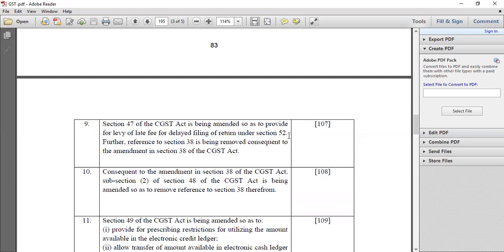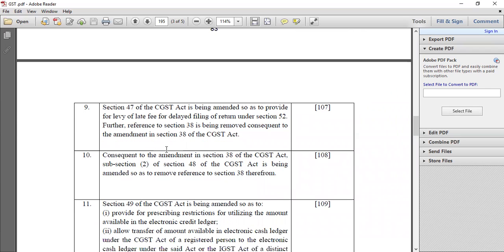E-commerce operators should file return under form GSTR 8. So if there is any delay in furnishing form GSTR 8 by those e-commerce operators, those TCS collectors, then a levy of late fees will be there for delayed furnishing of return.